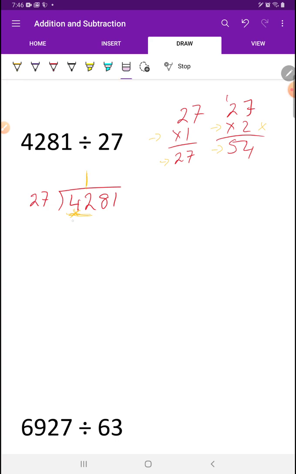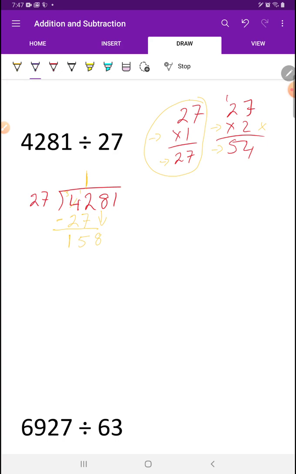So I'm going to write the 1 there, and I'm going to write 27 here because 27 times 1 is 27. And then I'm just going to do my normal subtraction the way I always do it. No problem, I know how to do this. I'm a smart kid. And now I'm going to bring my 8 down. So now I have the number 158.